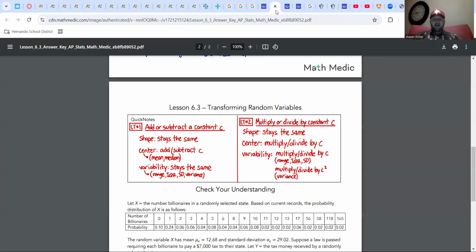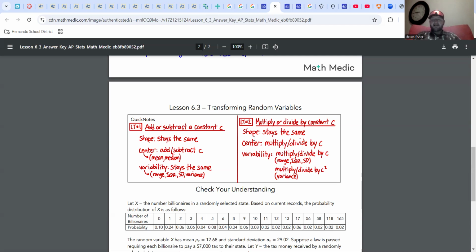When you're adding or subtracting to a random variable, the shape stays the same. The center is going to go up or down depending on what you're subtracting or adding, which means the mean and the median. Variability, the range, the IQR, things that we did in chapter one and chapter two, stays the same as well. What happens when you multiply the random variable that we started with?